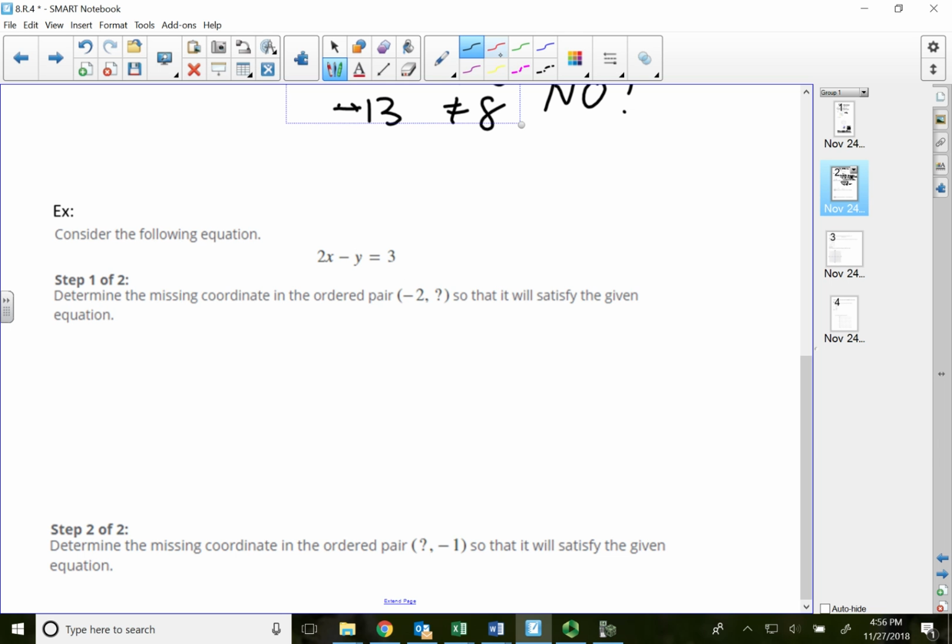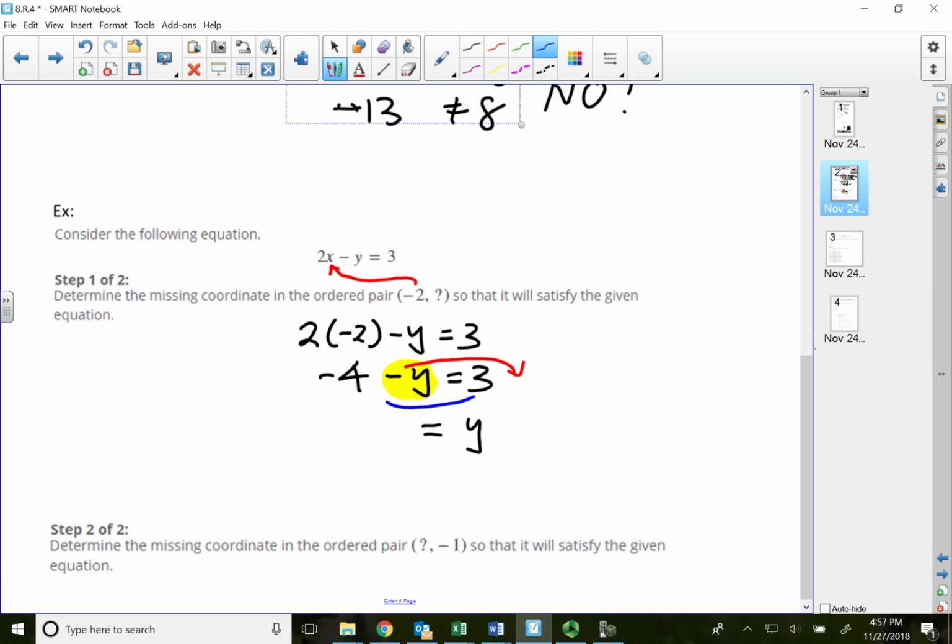All right, so basically all I'm going to do is substitute negative 2 for x so I can solve for y. So this is going to be 2 times negative 2 minus y equal to 3. Let's simplify this. This is going to be negative 4 minus y equal to 3. So solving for y, as you can see, my variable y is negative. So as far as solving a linear equation, I can move my variable term to the other side, and it will instantly become positive y.